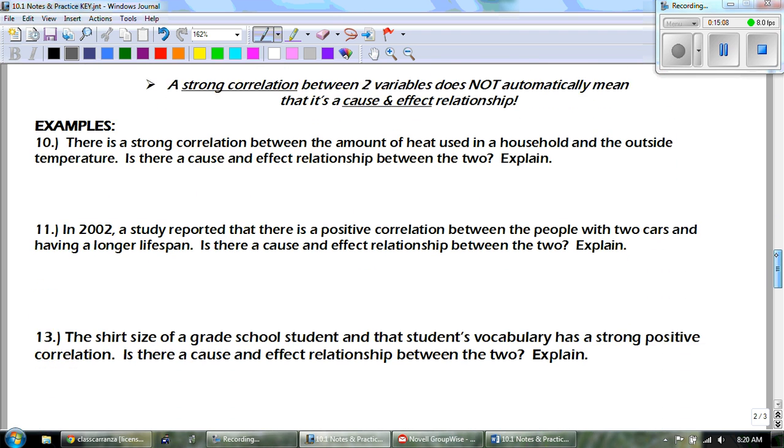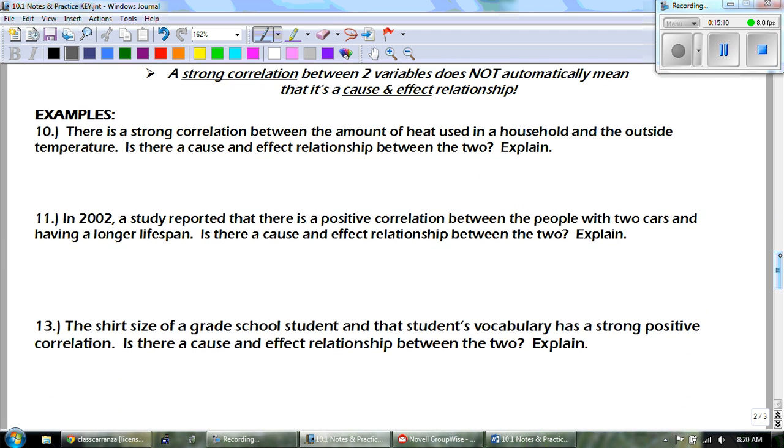Okay, so here are some examples. There's a strong correlation between the amount of heat used in a household and the outside temperature. Is there a cause and effect relationship between the two? So what we're talking about is the heat inside your house and the outside temperature.